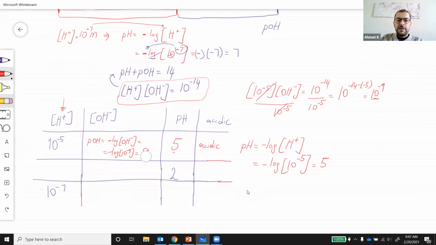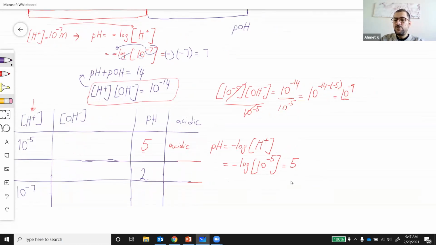Yeah, I kind of jumped ahead. So the OH concentration I already defined here. You see that, right? 10 to the negative 9. If I ask you the pOH, it will be what? 9, right?